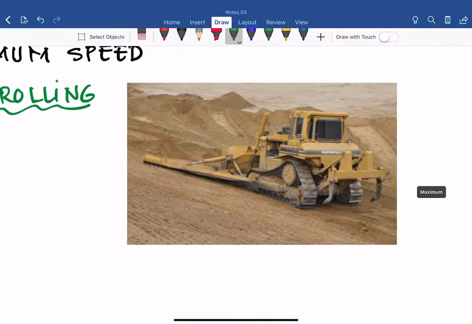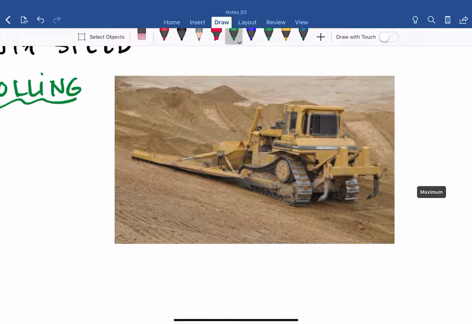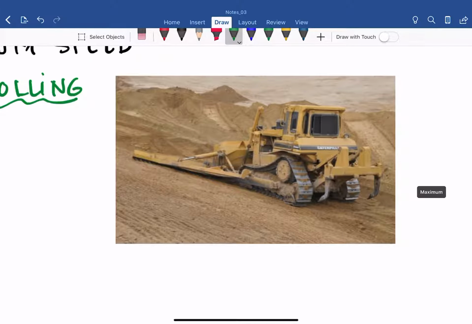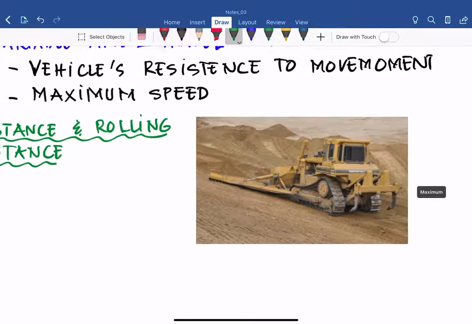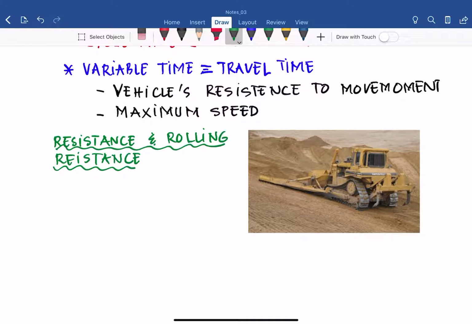It depends on the material. If you are on dirt, it's difficult to move. If you drive your car on dirt, it's difficult. It has more resistance than driving on asphalt or concrete. So those are the 2 resistances we are going to talk about. Basically, the total resistance will include the grade resistance, how the slope affects the resistance.